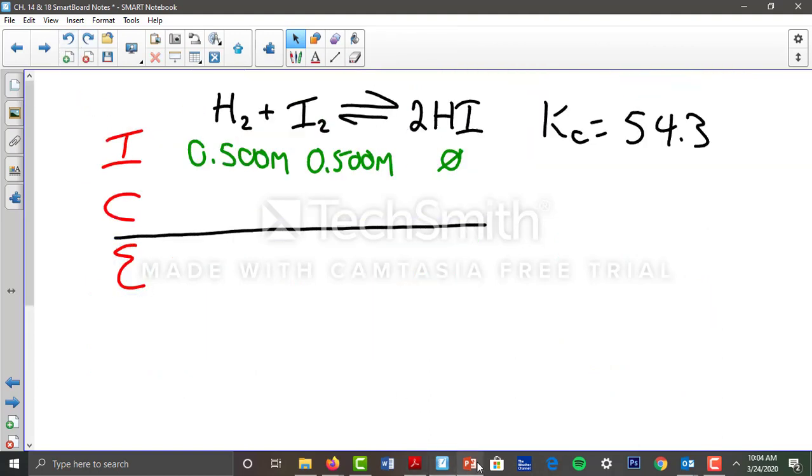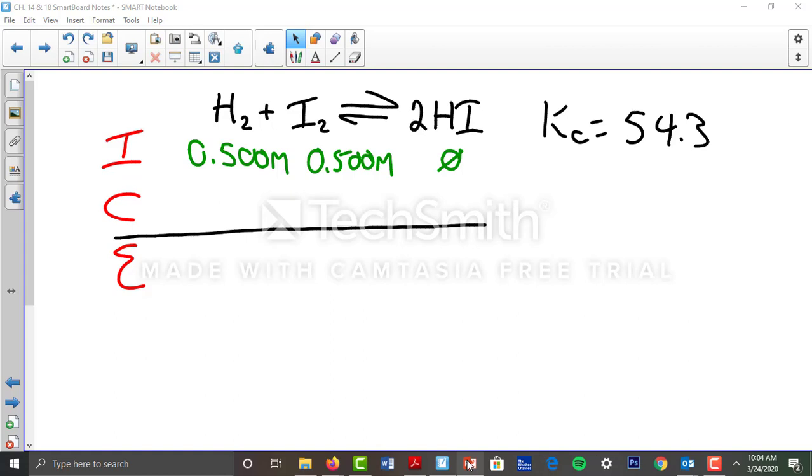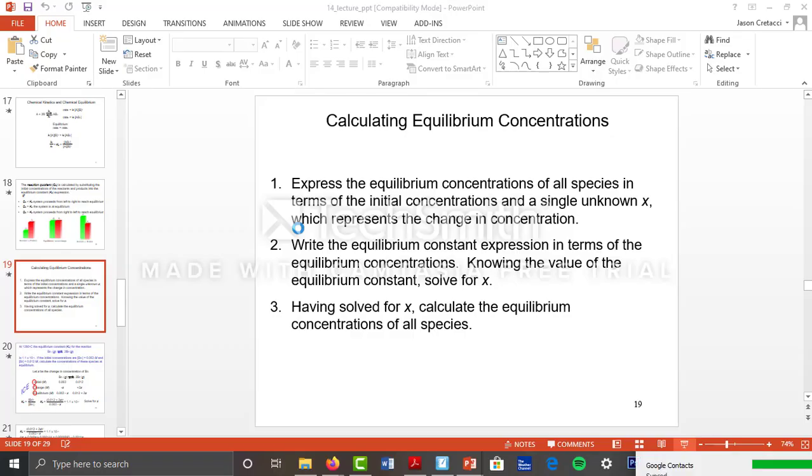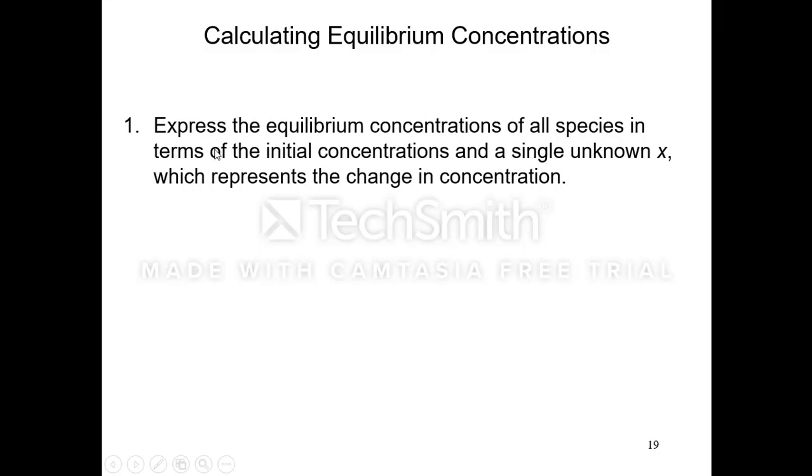Okay, before we go on to the next one, let's just summarize what we saw illustrated there in that example problem of the cis-trans still being an example. So when calculating equilibrium expressions, express the equilibrium concentrations of all the species in terms of the initial concentrations, which in that example was the 0.850 and the 0.